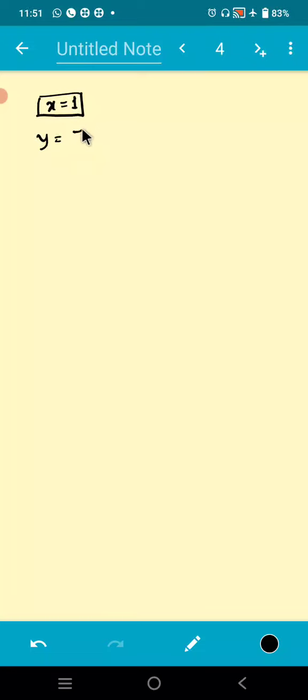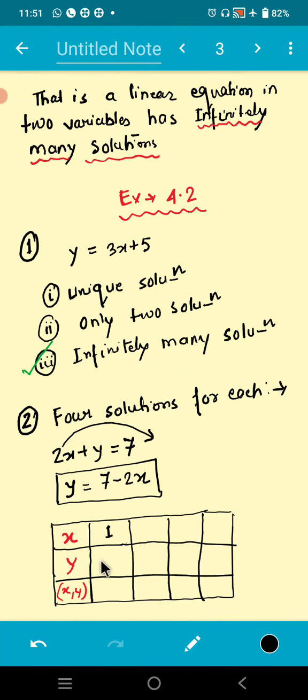So y is equals to what? 7 minus 2x, isn't it? Now once we substitute the value of x, that is 7 minus 2 into 1, it will look like 7 minus 2, and it is 5. So when the value of x is 1, y is equals to 5. So we'll write it here, and the ordered pair will look like (1, 5). This is the first solution.